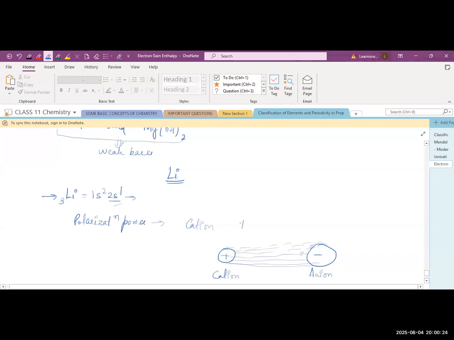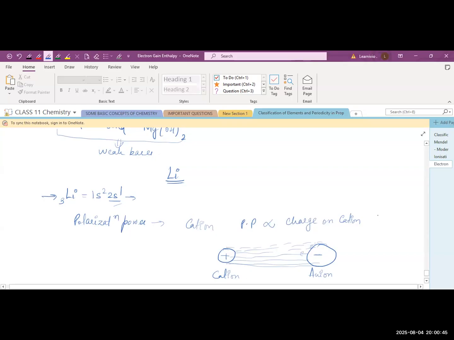Now polarization power is directly proportional to the charge on the cation. जितना ज़्यादा charge होगा उतना ज़्यादा polarization power होगा. If the charge is 2 plus, if the charge is 3 plus, so 3 plus में ज़्यादा होगा as compared to the 2 plus, right?